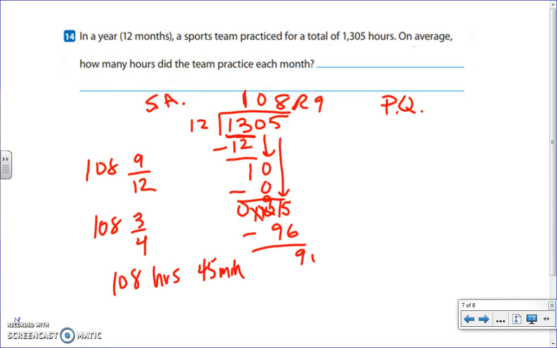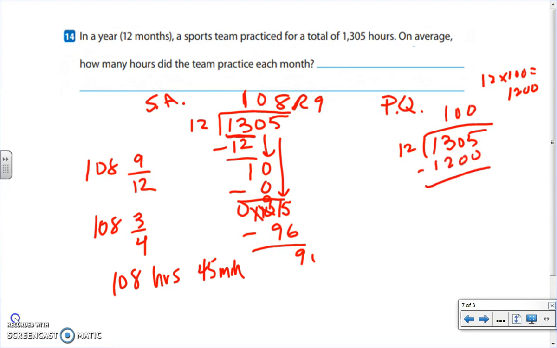If I did partial quotients, this one might work out a little easier. I'm going to set it up the same way. I know that 12 times 100 equals 1,200. So I'm going to start with 100 up here, and take 1,200 off. That's 105. I know 12 goes into 105 8 times, so another 8 on top of that.